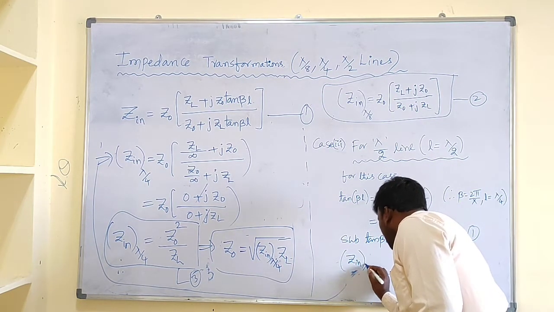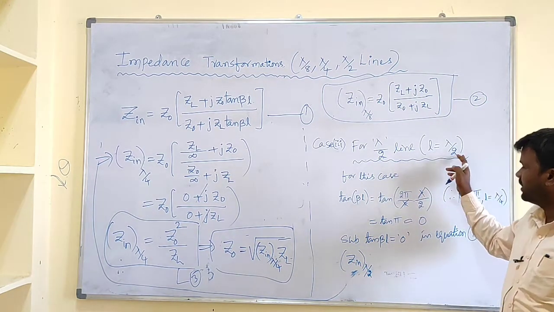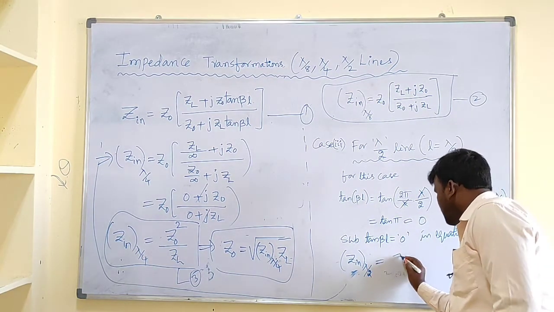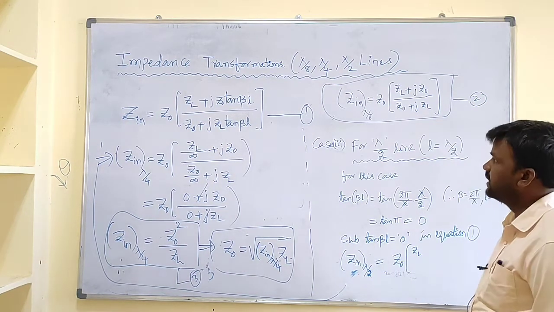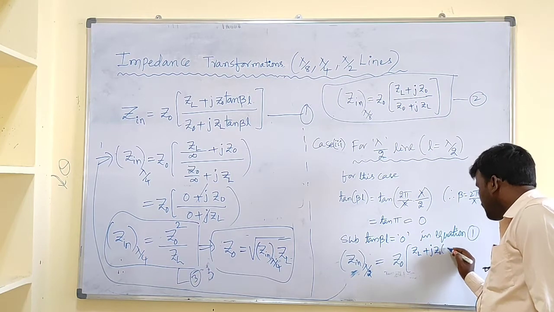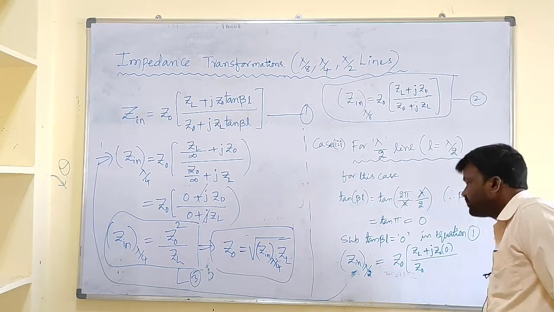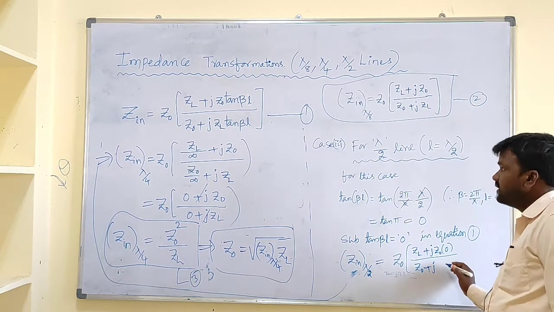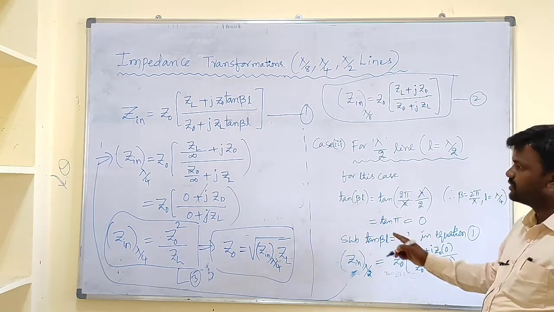This is the input impedance of the lambda by 2 line, because we considered the length of the line as lambda by 2. Now we can write that as Z0 into ZL plus JZ0 into 0, and here Z0 plus J ZL into 0, because tan beta L is tan pi, that is 0.